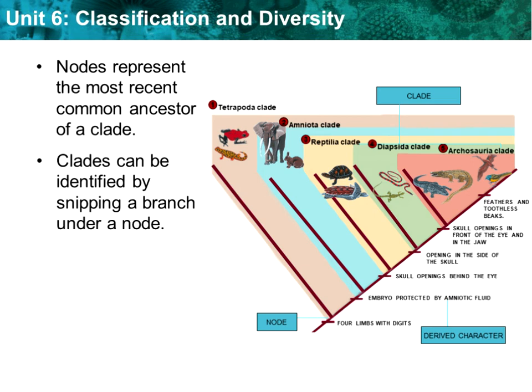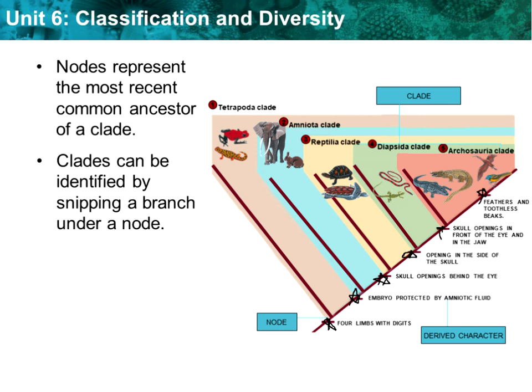Nodes represent the most recent common ancestor. Clades can be identified by snipping a branch under a node. We already knew that. So again, derived characters are these things here that separate the species into clades. And the clades are the groups of animals that you see in purple or blue or yellow or green or pink.